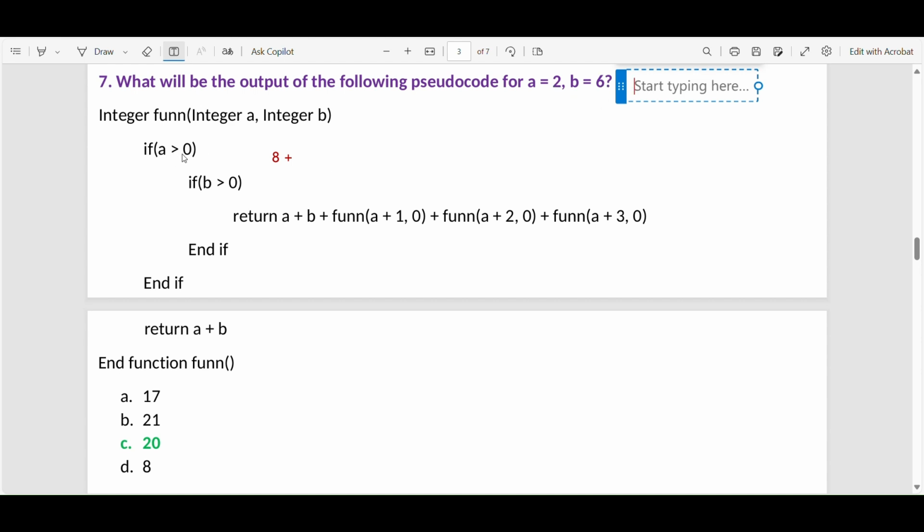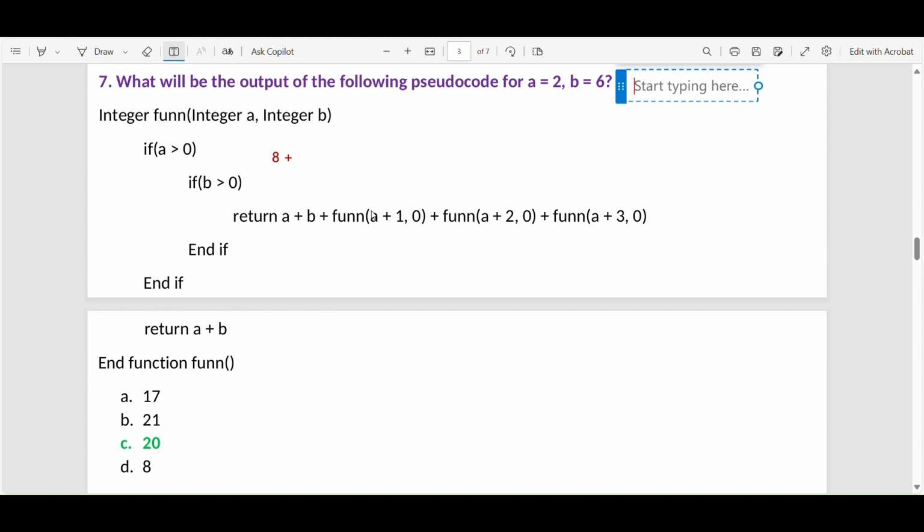Yes, if a greater than 0, yes, definitely 3 is greater than 0. And if b is greater than 0, no, b is not greater than 0. So we'll be directly coming out of this loop, and coming out we are having return a plus b.